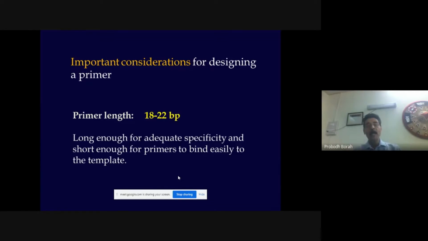So more the length of the primer sequence, lesser will be the sensitivity, but better will be the specificity.